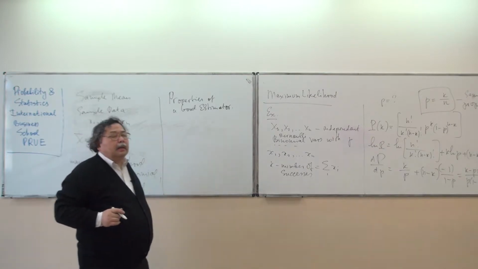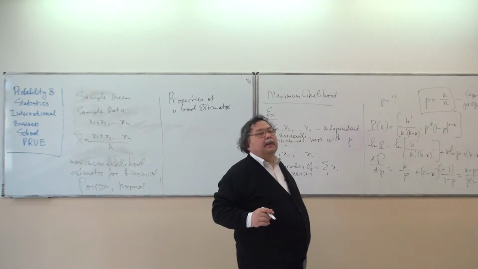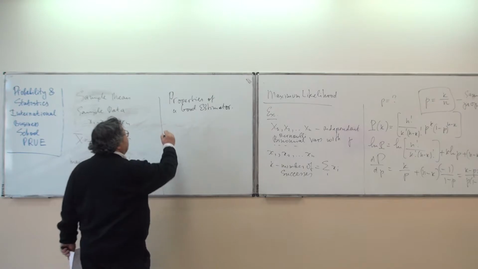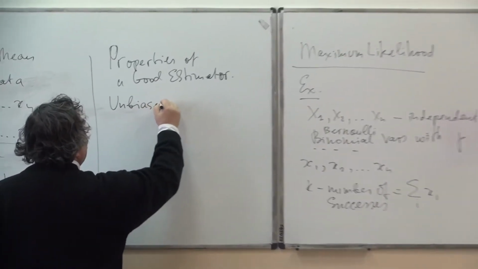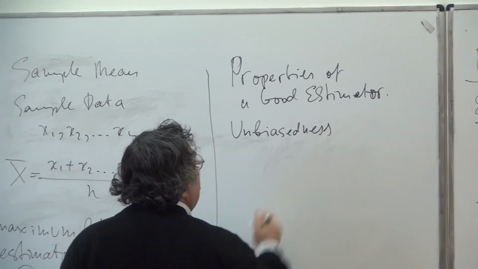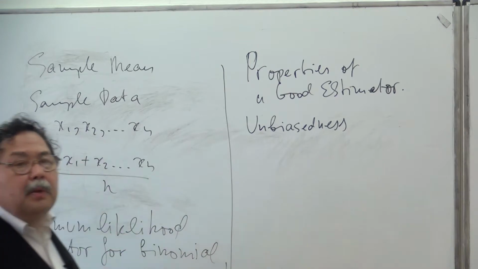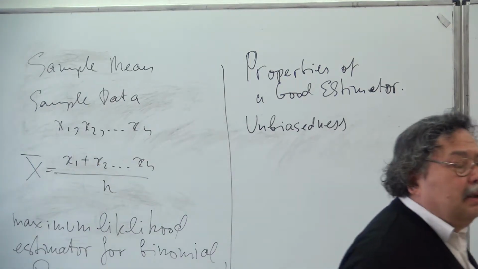Well, it's generally considered to be a good thing if the estimator is unbiased, not biased. Now, what does that mean? X, the population variable, has some value of the mean, the expected value, mu.